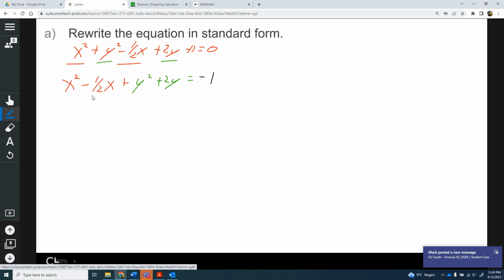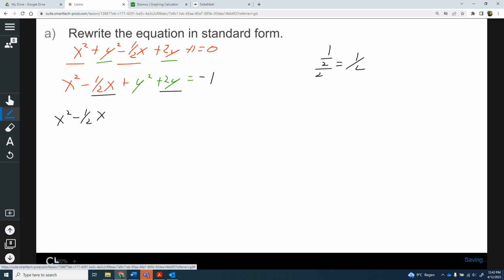Now I need to do the completing the square. So I'm going to look at this number and this number. I'm going to divide it by 2 and square it. So I'm going to have x squared minus 1/2 x. 1/2 over 2 is 1/4. 1/4 squared is going to be 1/16.